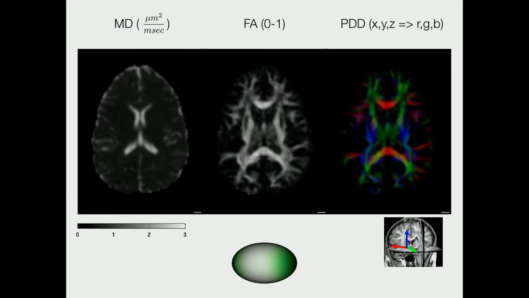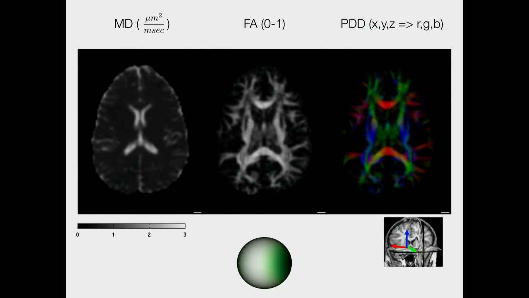And then the third thing that I indicated before is the principal diffusion direction. What direction is this ellipsoid the longest in? And this principal diffusion direction is mapped here as an RGB map. So we've transformed the x, y, z coordinates of the vector in which this ellipsoid is pointing into R, G, and B coordinates. And so red is places where the diffusion is elongated along the left-right direction.